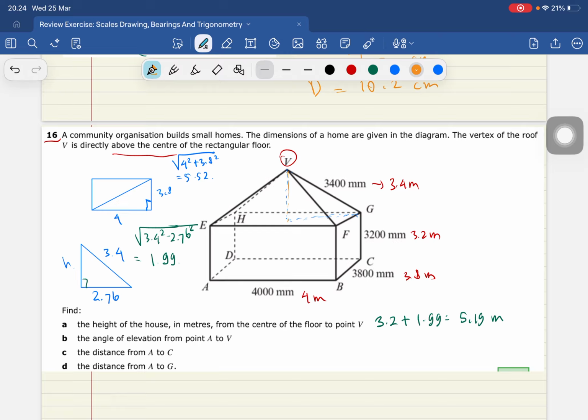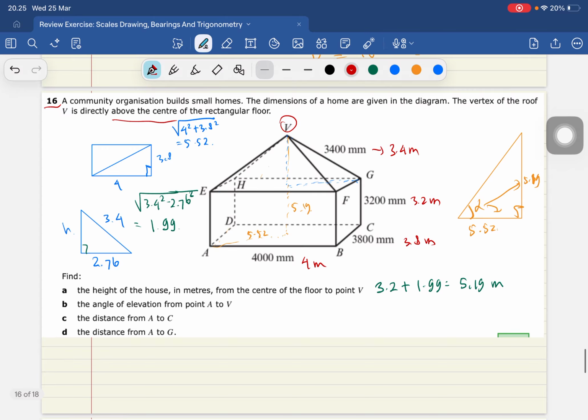Now we need to find the angle of elevation of the point. From A to the center is 5.52 and the height is 5.19. If we illustrate, the triangle is going to be this. Here is 5.52, here is 5.19. We need to find this angle. Opposite of it and the adjacent, so we can use tan.